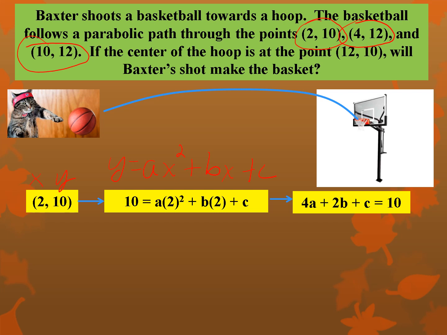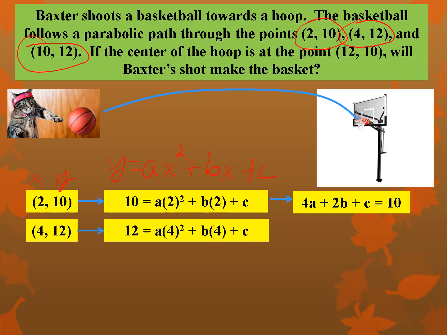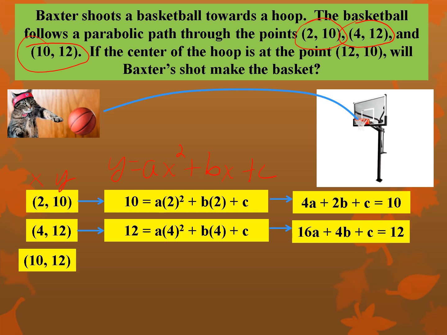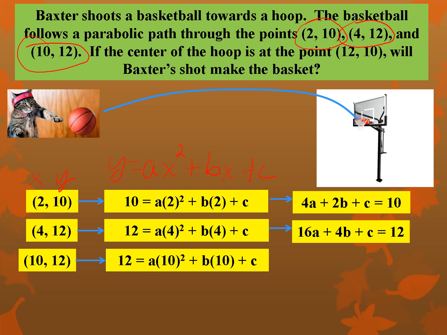Then let's plug in (4, 12). So that becomes 12 equals a times 4 squared plus b times 4 plus c. So that becomes 16a plus 4b plus c equals 12. Now let's try (10, 12). 12 equals a times 10 squared plus b times 10 plus c.